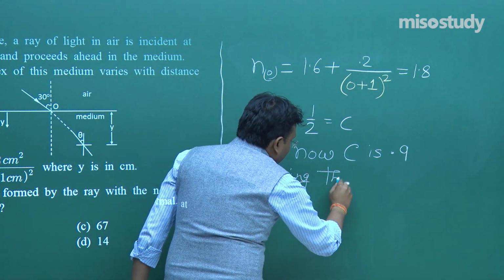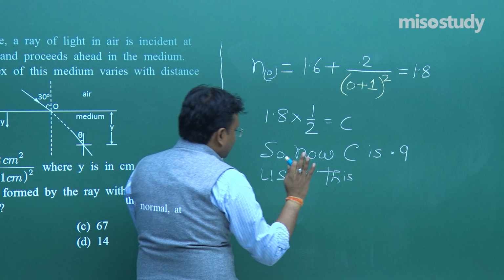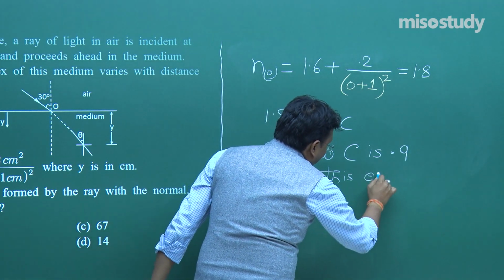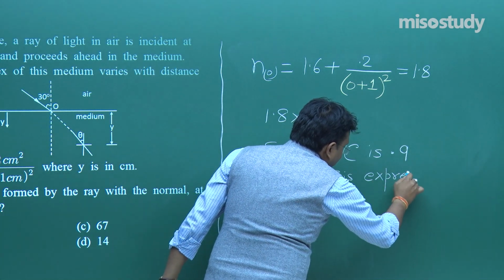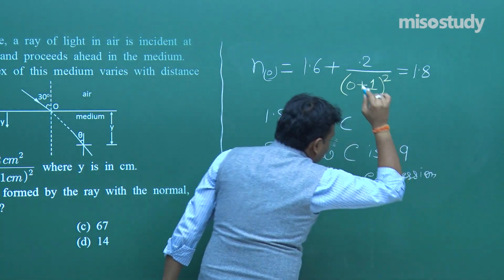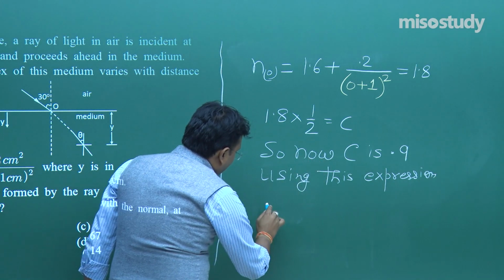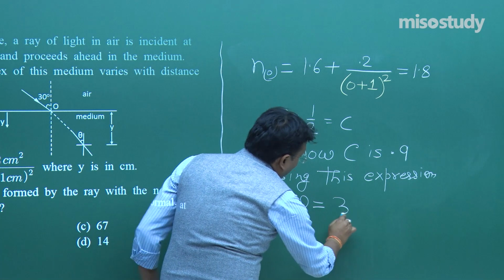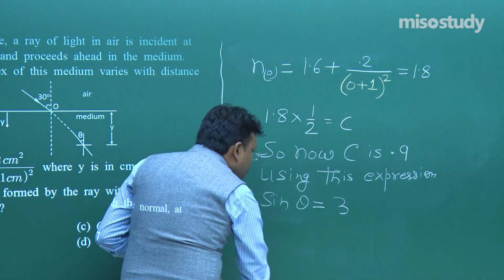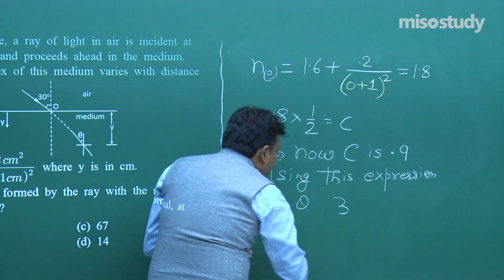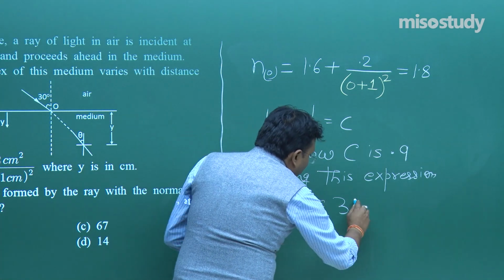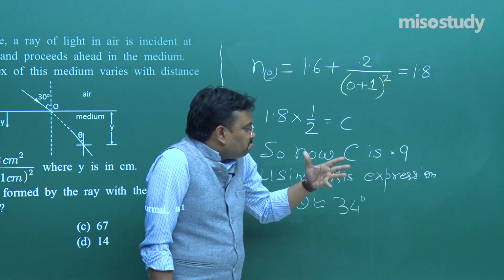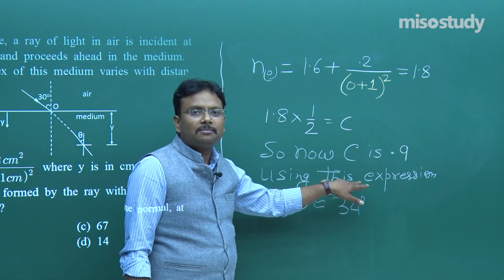Using more than this better explanation, I don't think you are going to get anywhere. Using this expression, finally what I will get, sine theta is nearly 34 degrees. Here around 2 or 3 steps I jumped.